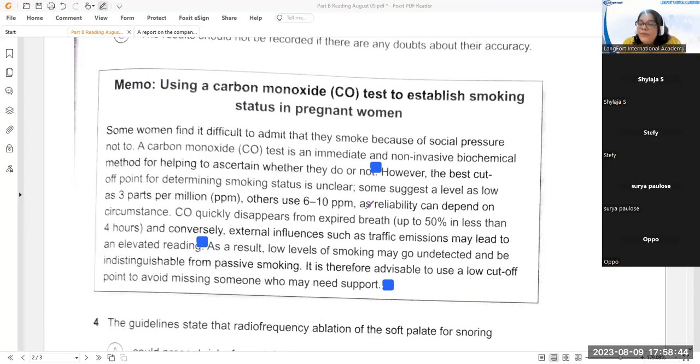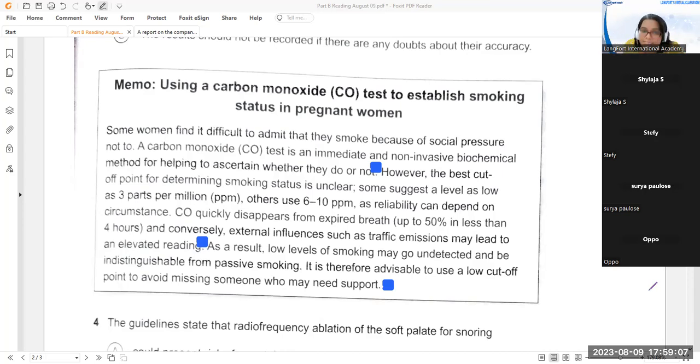So it's very difficult to ascertain. So the memo is suggesting that our cutoff point should be kept low, so we can provide support to a person. You can cover everyone and ensure that the person gets the support necessary, because it's very difficult to exactly pinpoint the level of CO exposure based on the habit of smoking.